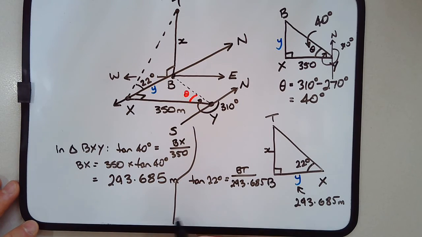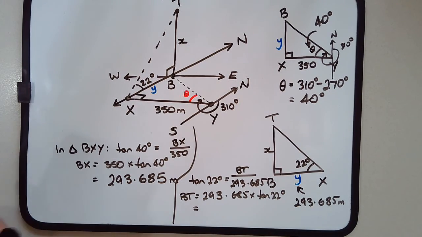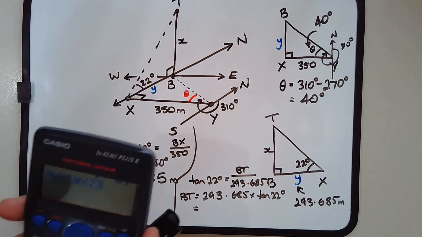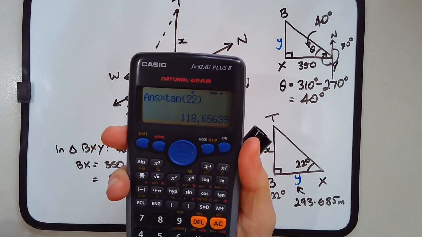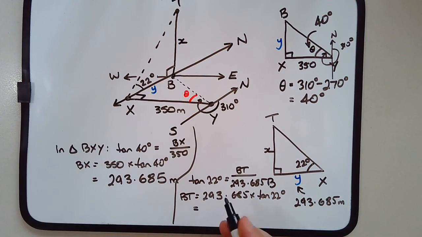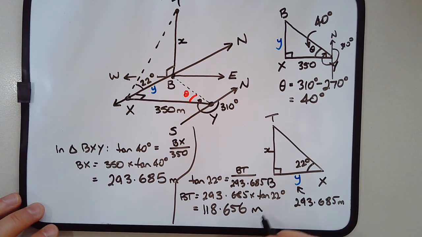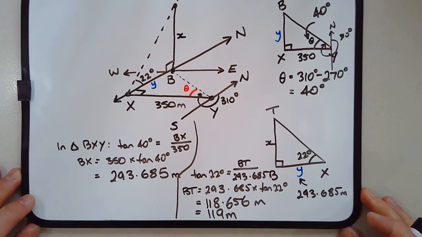Multiplying both sides by 293.685, BT is equal to 293.685 multiplied by tan of 22 degrees, and we get 118.656 meters, which to the nearest meter is 119 meters.